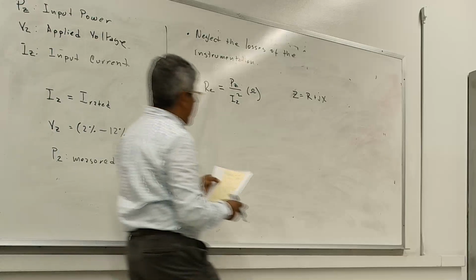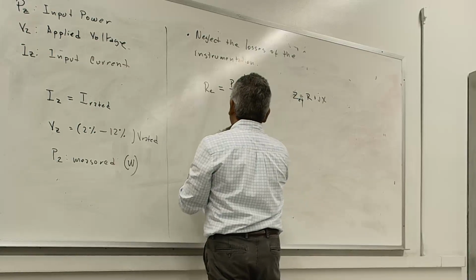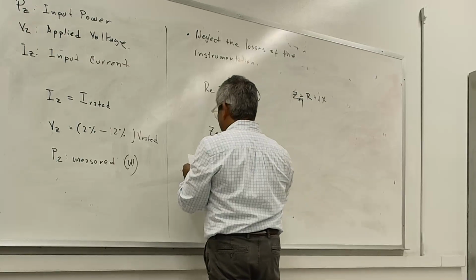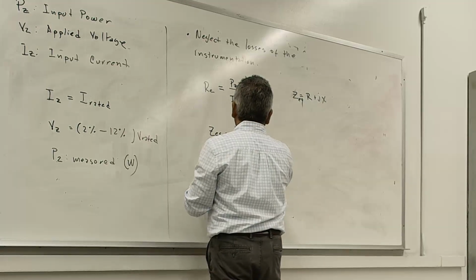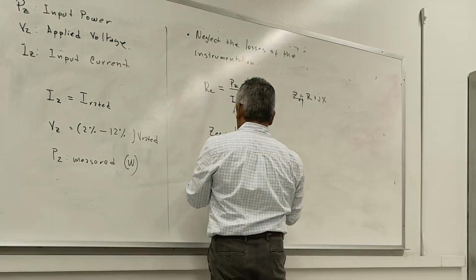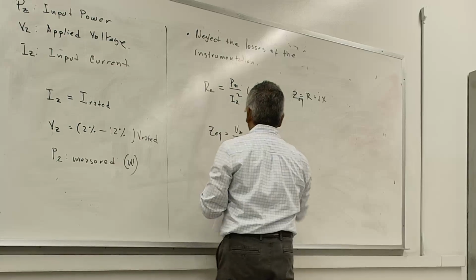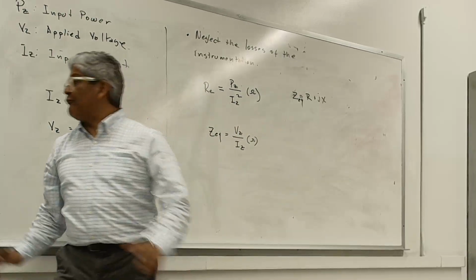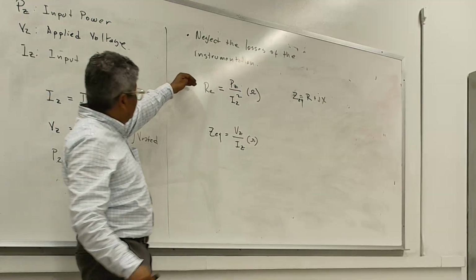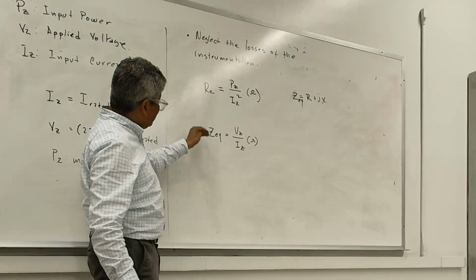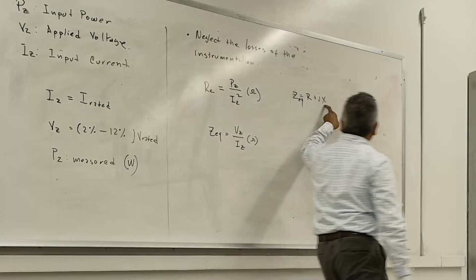So this right here happens to be ZEQ. So the ZEQ magnitude, by the way, is equal to VZ, meaning the measurement that we took from the meters, divided by IZ, and this gives me a value in ohms. So, from the measurements that I'm taking here with the setup, I can compute the resistance and the impedance magnitude.